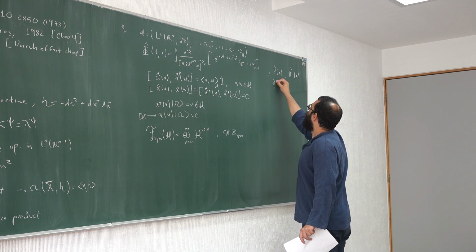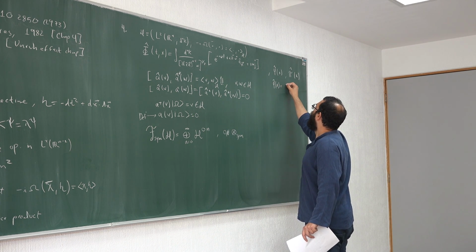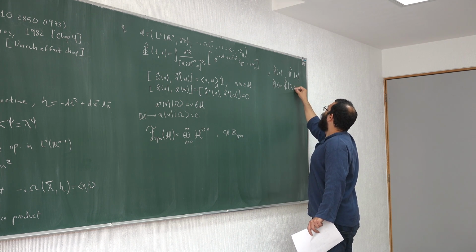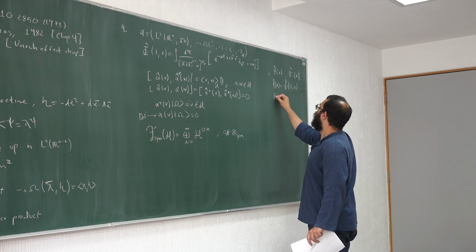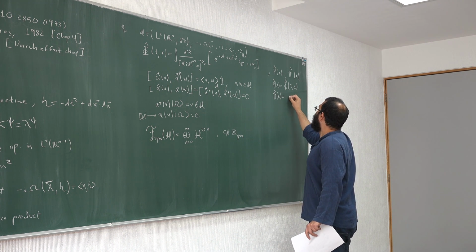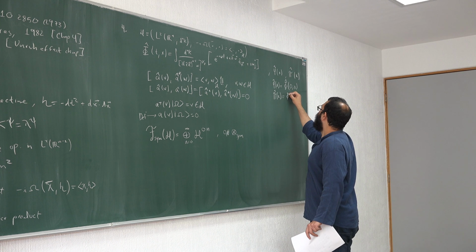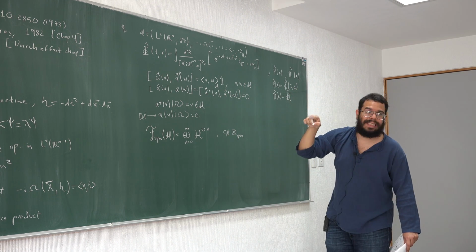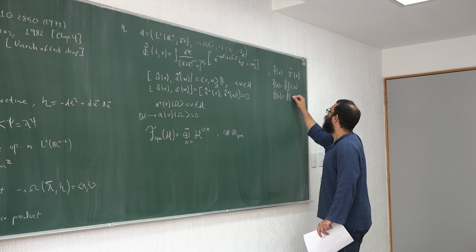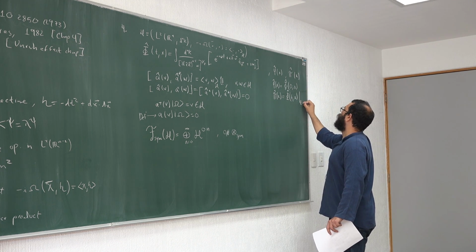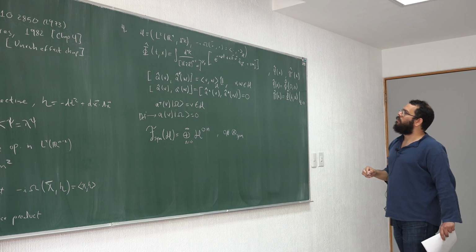So let me tell you what that is. Okay, and pi is phi dot. By dot I mean the derivative with respect to t, right? Of t, x evaluated at t equals 0. That's the momentum.